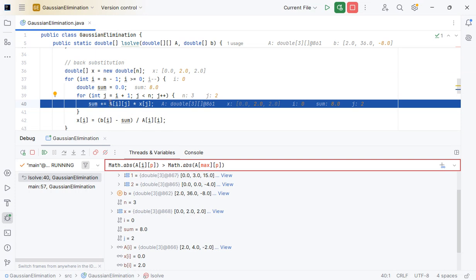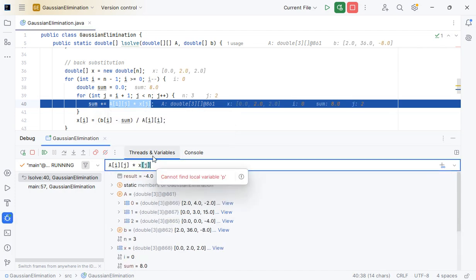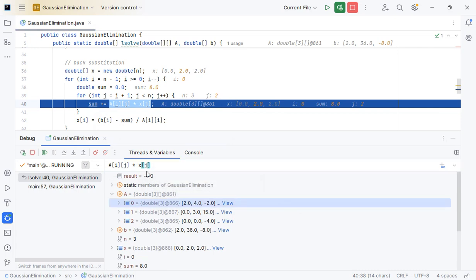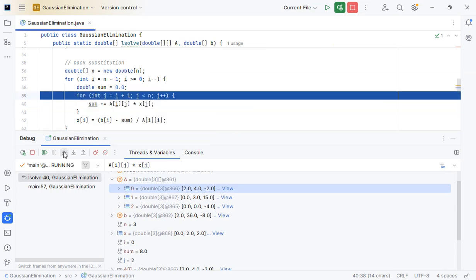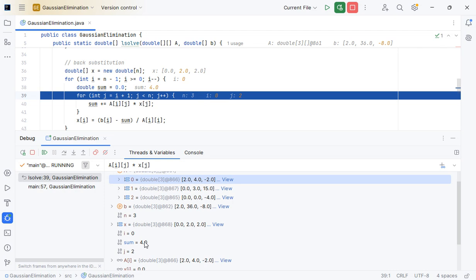We can calculate now how much is that. We can just calculate this separately because it's not there. I can calculate this, and you see it's minus 4. So initially we have 8, but we will subtract 4, and we will have 4 now. Look. You see, sum now is 4.